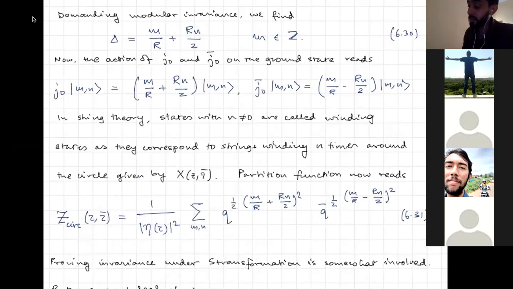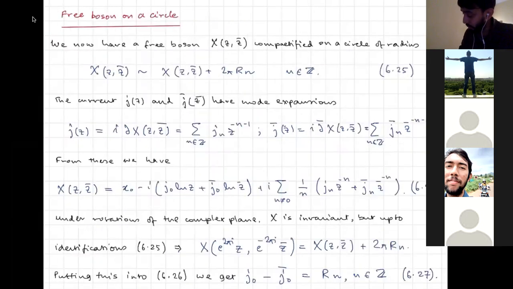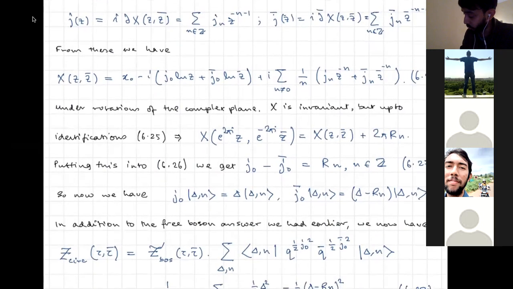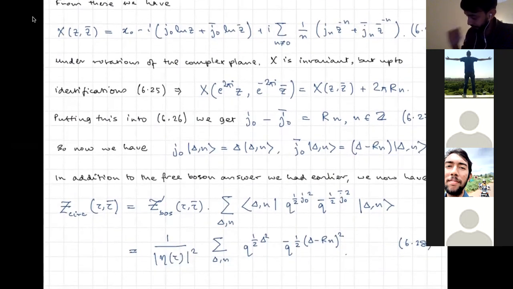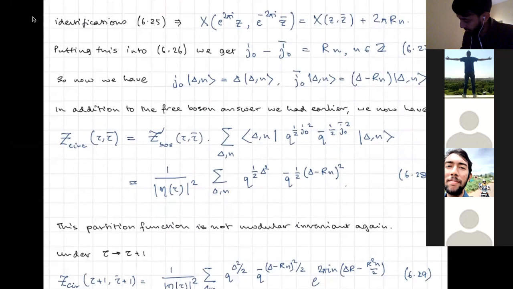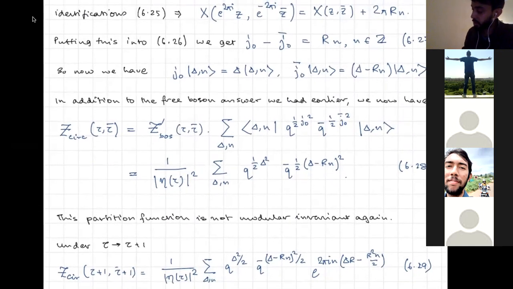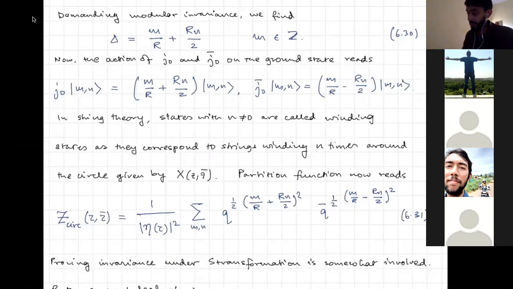If you plug this in out here, you'll see that this just would go away. Where is it? Here. So if you did this, you'd see that your extra factors just drop off.